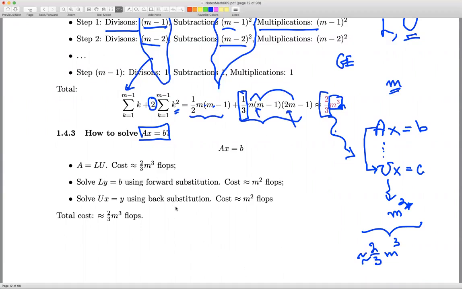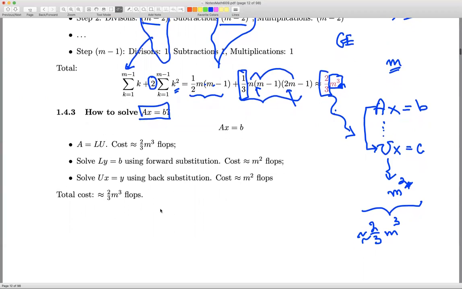So this can be done. The problem is the following, or rather, there is a little caveat.